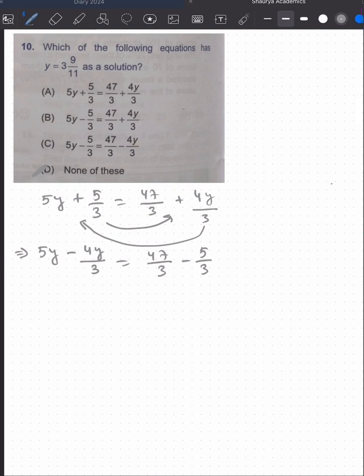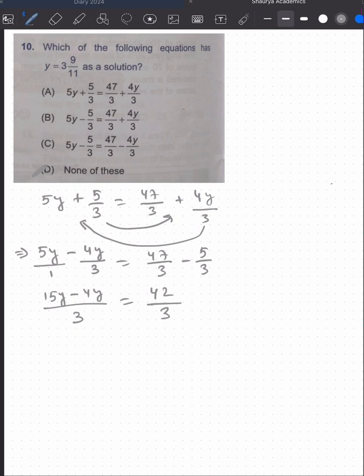Okay, so 5y can be written as 5y by 1. LCM will be 3. So this will become 3 into 5, 15y minus 4y is equal to 47 minus 5, that is 42 upon 3.